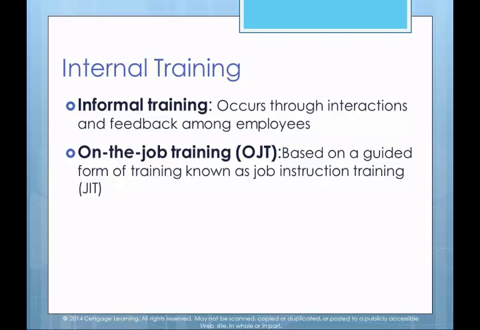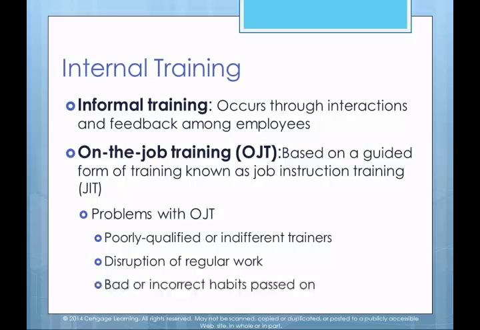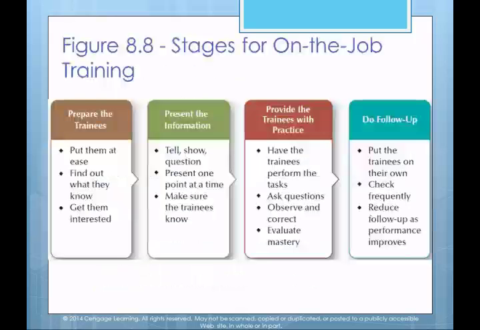On-the-job training is the most common type of training at all levels in the organization, and it's because it can be flexible and relevant to what employees do. Some problems with OJT may be poorly qualified or indifferent trainers, disruption of the regular work, and bad or incorrect habits are passed on.